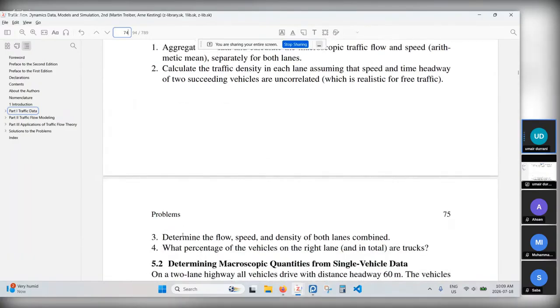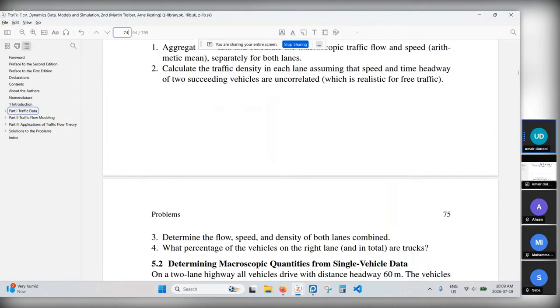Next question is about determining the flow, speed, and density of both lanes combined. So naively, if we estimate the average flow, speed, and density of both lanes combined, you would just take all the vehicles and take the average of their speeds, and that would be the average speed of both lanes.